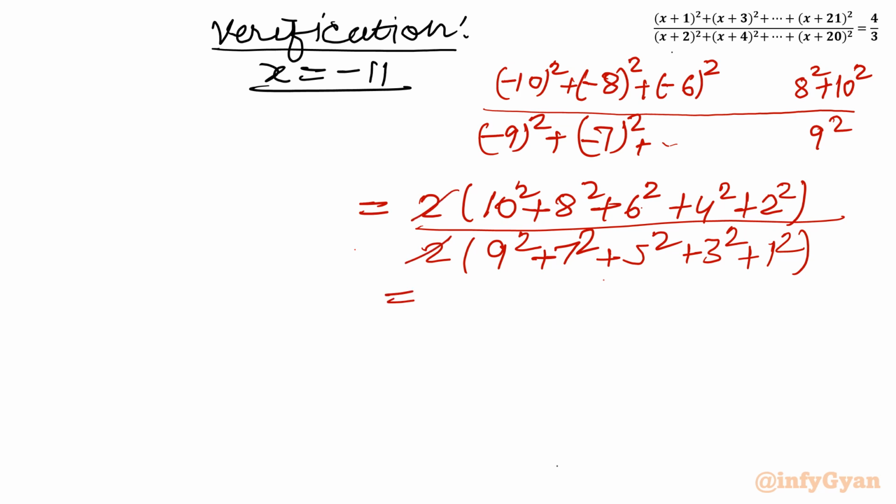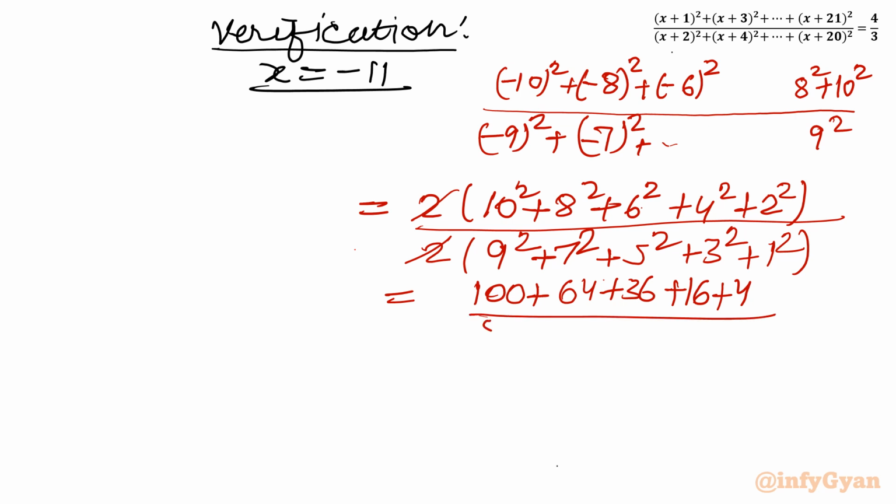Now let's put the values. 10 square is 100, 8 square is 64, 6 square is 36, 4 square is 16, 2 square is 4, over 9 square is 81, 49, 25, 9, 1. If you add both numerator and denominator, this value comes out 220 over 165.